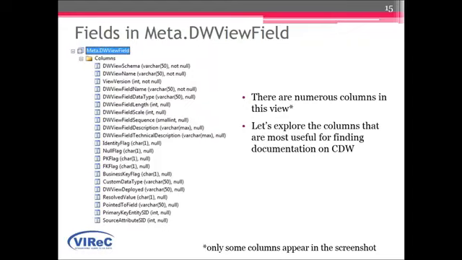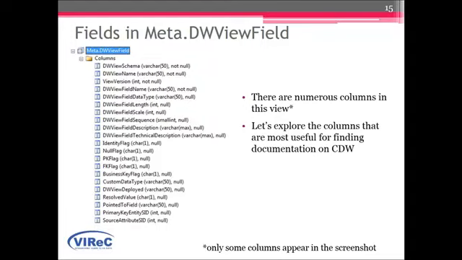The DW is data warehouse, and it's saying view for the views, because we use views rather than tables, and then field, meaning that it's going to drill down to the level of the column information or the field information. As you can see to the left, there is a whole long set of fields or columns found in the view, meta DW view field.